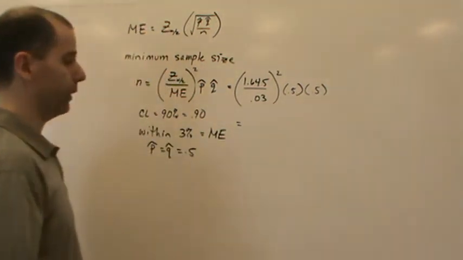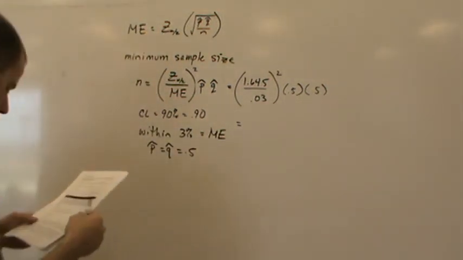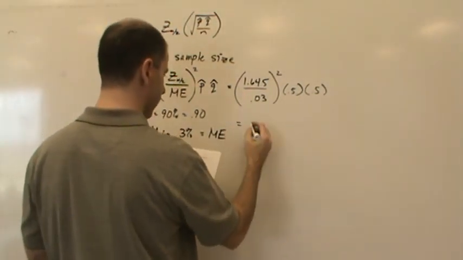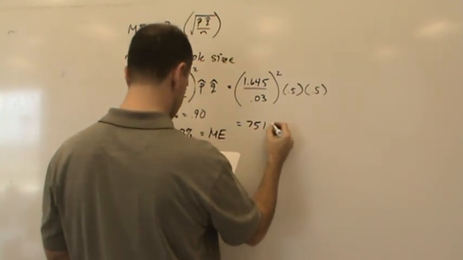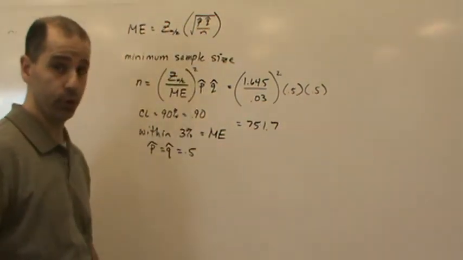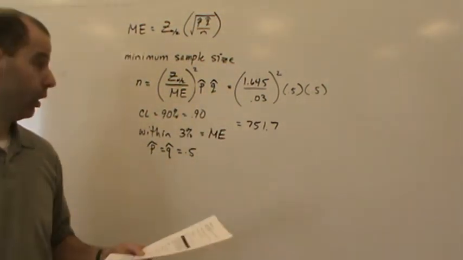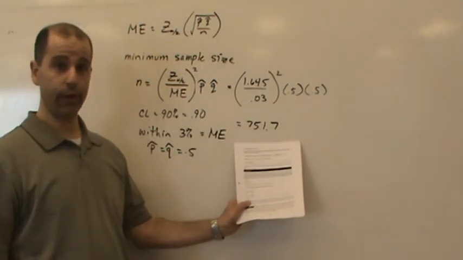Okay, so now if we do this, what are we going to get? We're going to get 751.7. Now remember, just like before when we talked about minimum sample size involving the mean, the same rule applies here. Always round up.